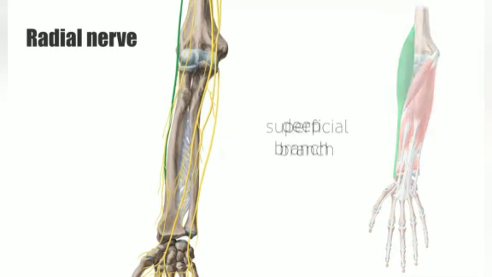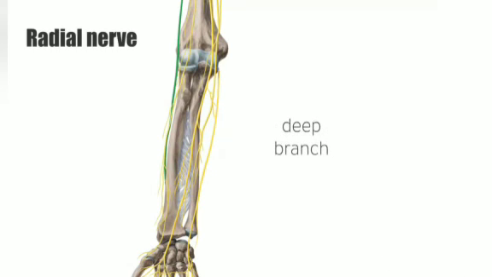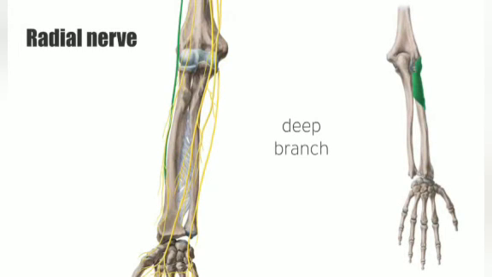The deep branch will penetrate the supinator muscle, after which it branches off as the posterior interosseous nerve. There, the posterior interosseous nerve supplies the superficial extensors with motor branches. This is some additional information that you need to know when you learn the innervation of the superficial extensors of the forearm.